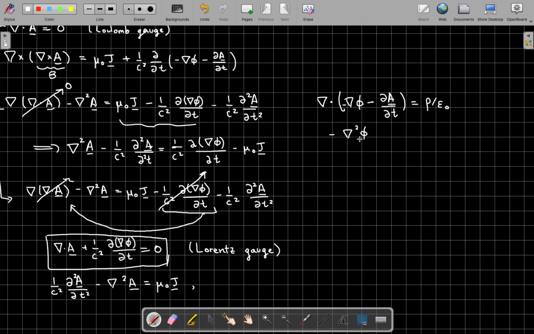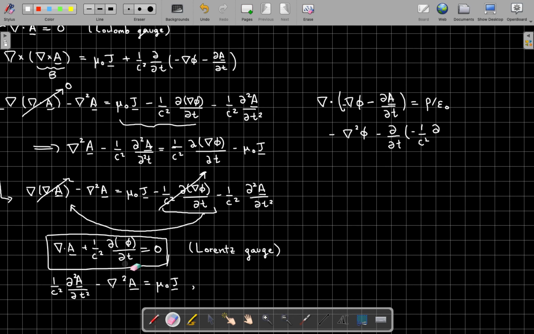Now I can use the Lorentz gauge, right? To replace, I would get the derivative with respect to time of the divergence of A, but the divergence of A is minus 1 over c squared times this derivative. So minus 1 over c squared times the derivative, that's right.